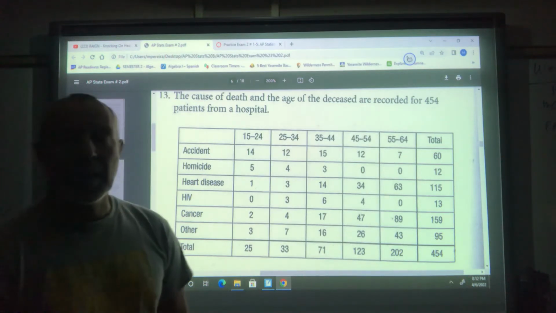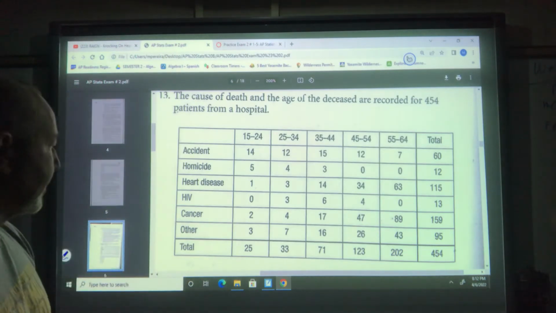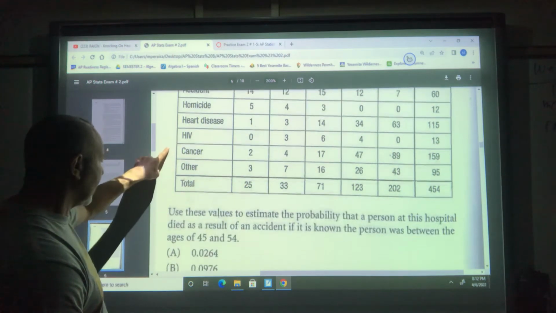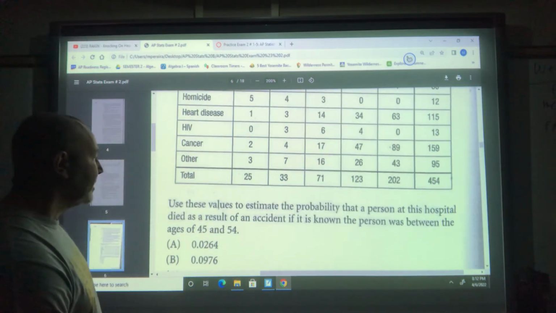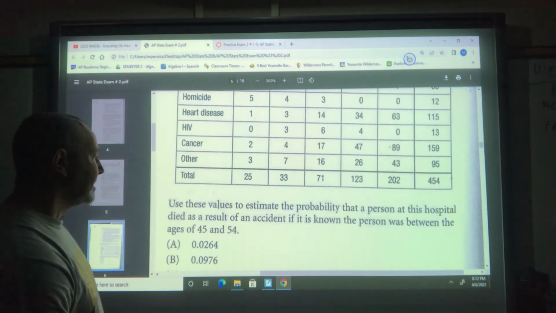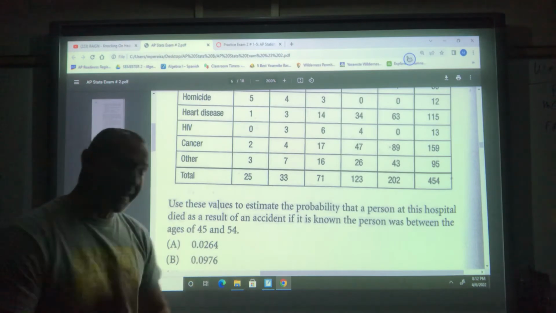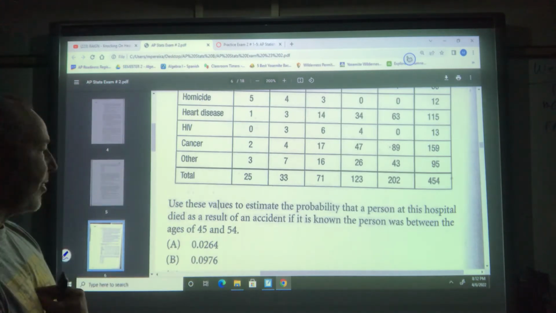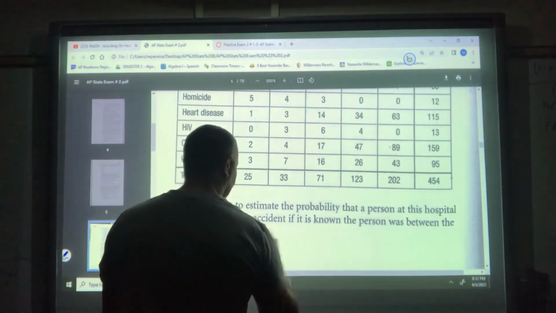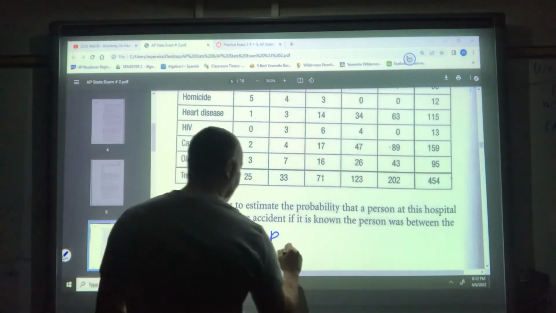The only time it's not out of 454 is when they ask you a "given" type of problem, which is going to happen in this problem. We'll come back to this in a minute. Here we go. Use these values to estimate the probability that a person at this hospital died as a result of an accident, given that the person was between 45 and 54.